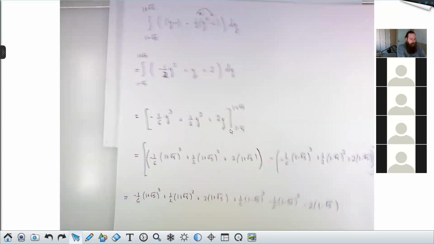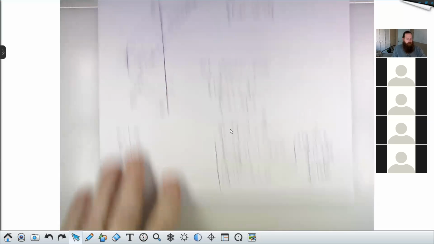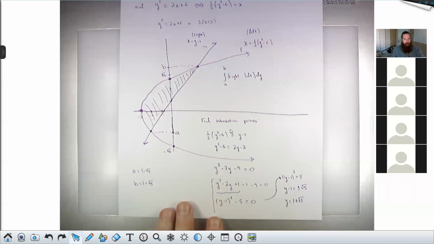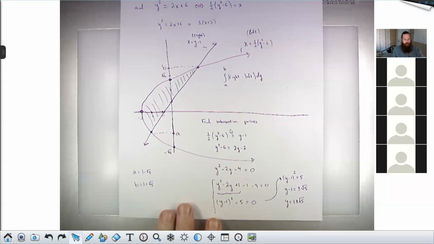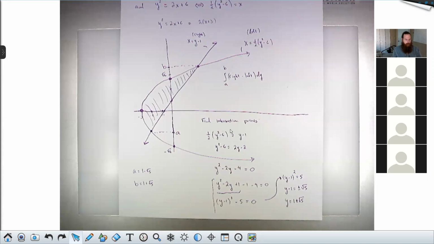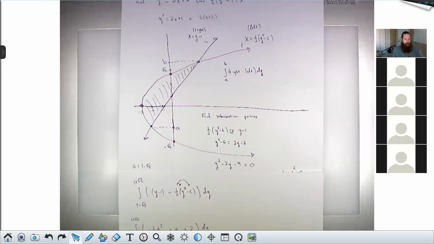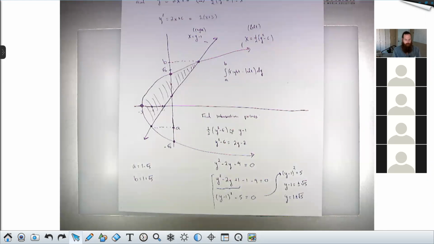Okay. So then questions on this setup, questions on what led us to that integral. Are we all comfy with where the picture came from? All the things that led to this integral here? What are we wondering? What are we thinking?